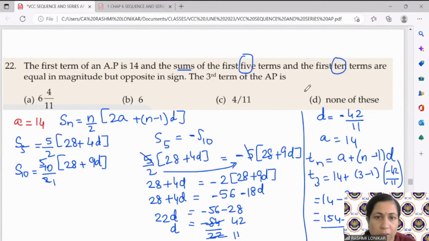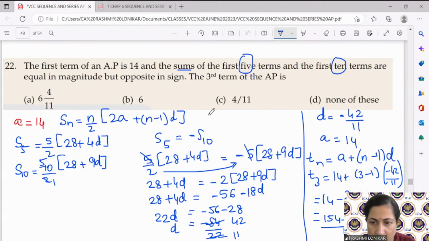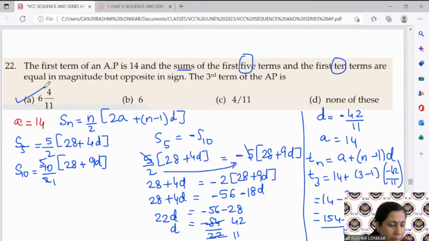Now how do I write it as a mixed fraction? 11 6s are 66. What will be the remainder? 70 minus 66 is 4, so 6 and 4 upon 11. So, therefore, A is the correct answer. Is that clear?